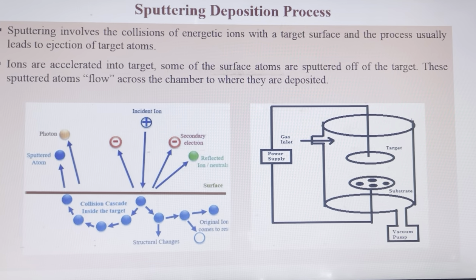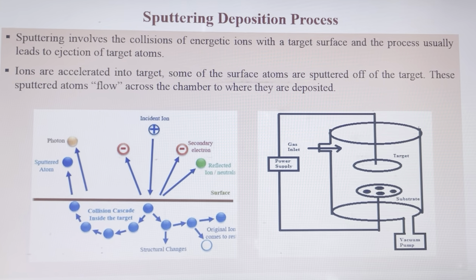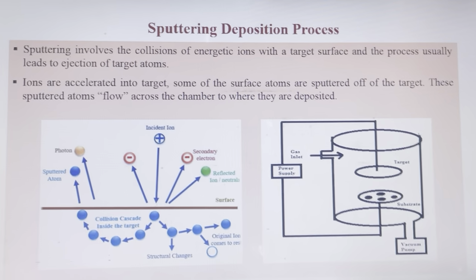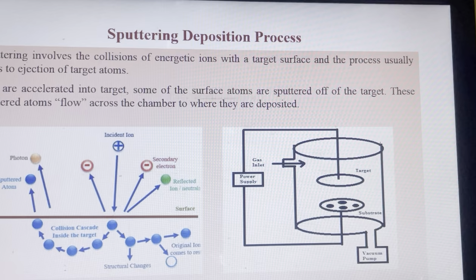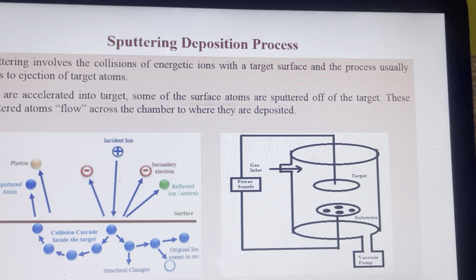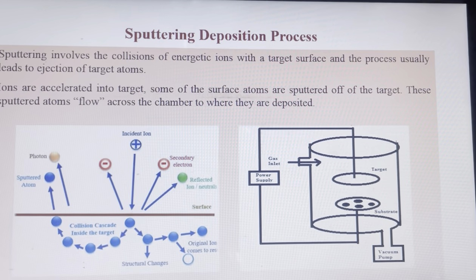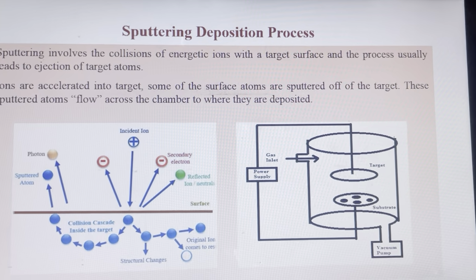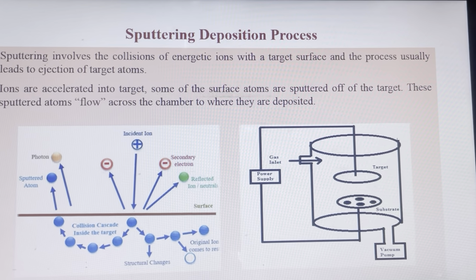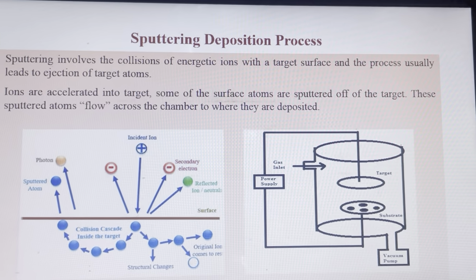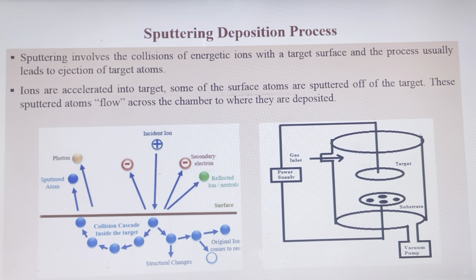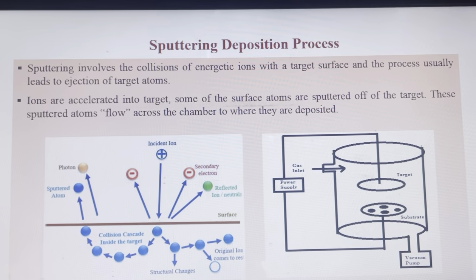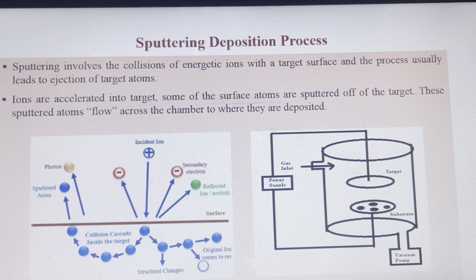In the sputtering deposition process, the sputtering technique is most commonly used for depositing metals and oxide films by controlling the crystalline structure and the surface roughness. The simple form of sputtering consists of an evacuated chamber containing a metallic anode and cathode.